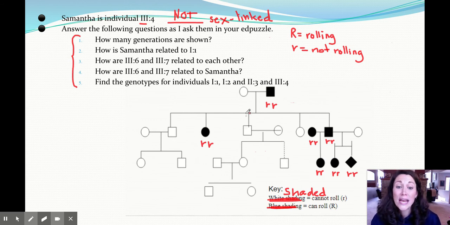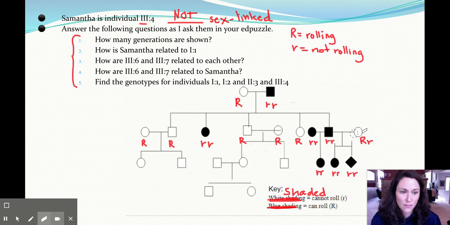Now, we know every other person on this pedigree who is not shaded must have at least one big R. So if you wanted to, you could go through and give every single person who is left on our pedigree one big R. And then our job will be to determine what their other allele is for this trait.